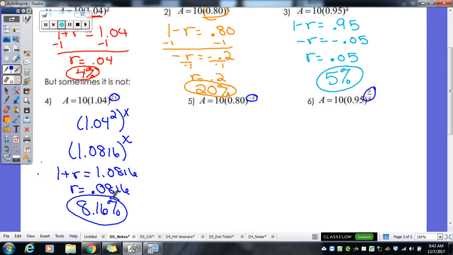For number 5, what are we going to pull into the parentheses to get x to be just positive x? So we've got to do 0.80 to the negative 1. And then we still have that x on the outside. So we'll use our calculator. 0.80 to the negative 1.